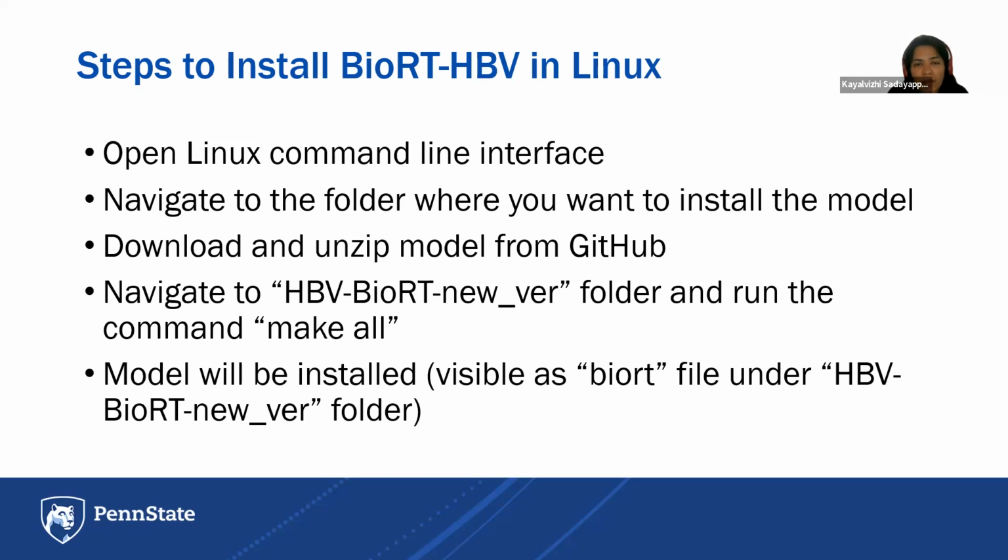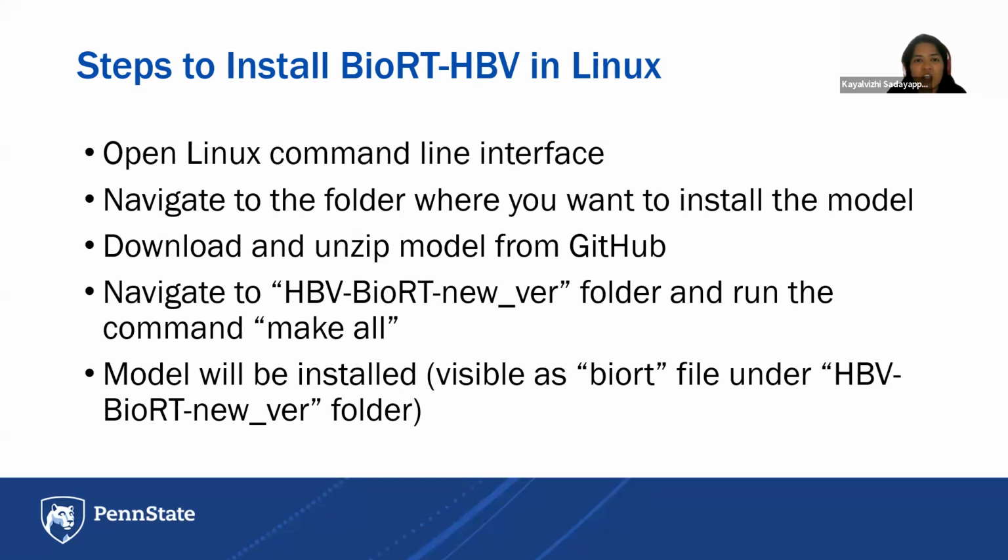Then run the command make all on the command line interface. In a few minutes, the model will be installed. If you find the file known as BioRT inside the HBV BioRT newer folder, then you can be sure that the model is installed correctly.